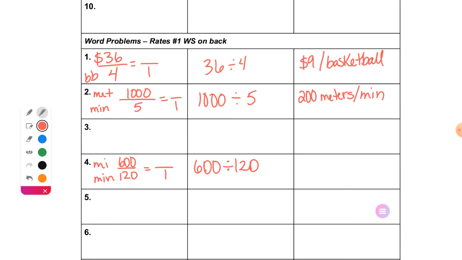Carter, what is our answer? 5 minutes per mile. Why is it miles per minute, Ella, and not minutes per mile? Because miles is first up here, Carter. So it's in the same order, miles per minute. So 5 miles per minute.